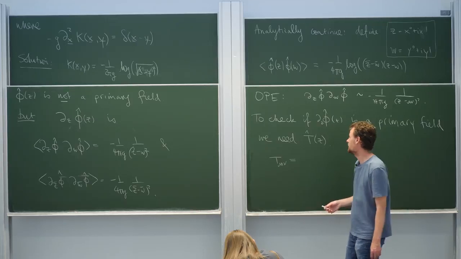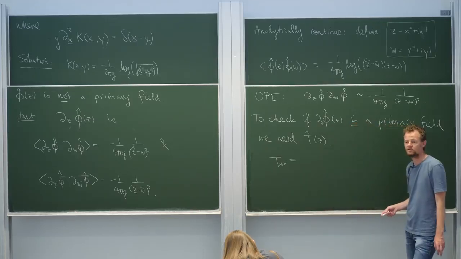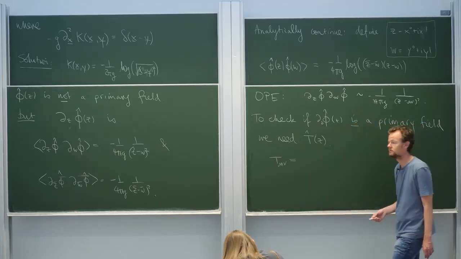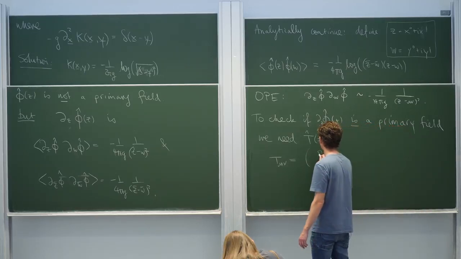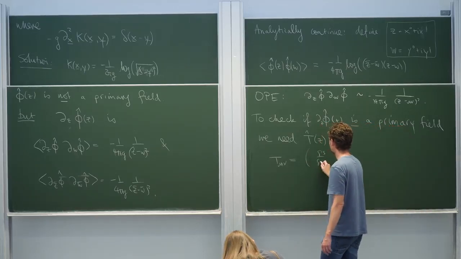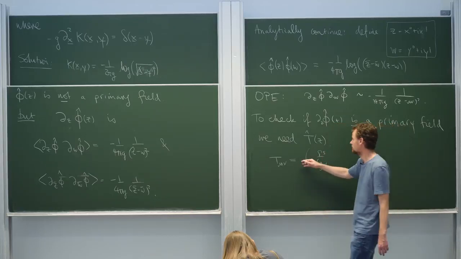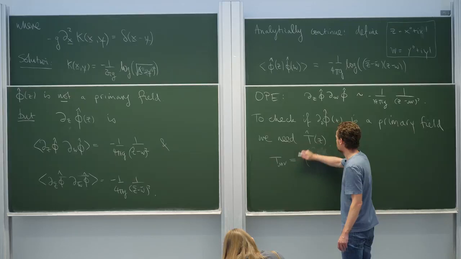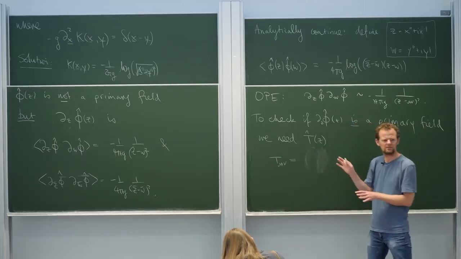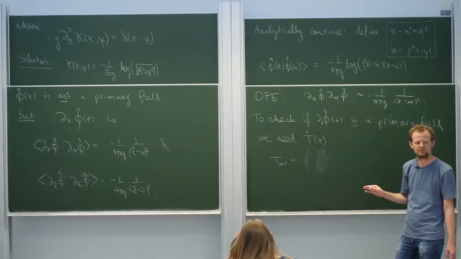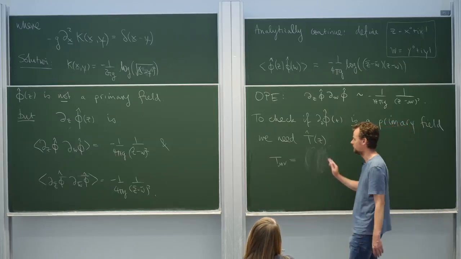And another one is the variation of the action with respect to the metric. That's another one that I didn't actually talk about in this course. So you can take the action and then vary with respect to the metric. That also gives you an expression which is a stress energy tensor. They can differ, and in fact there's some annoying issues to do with traces that we have definitely skipped in this course.